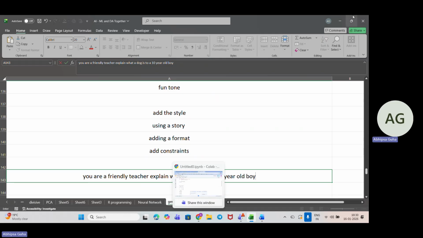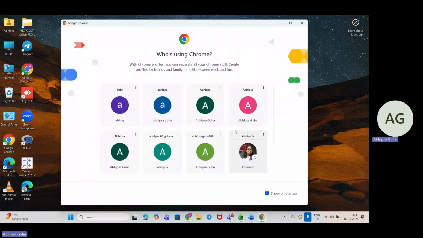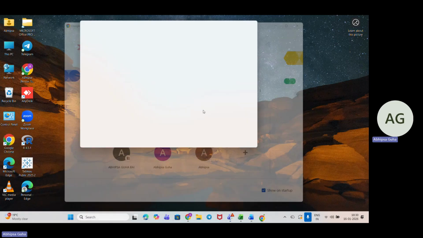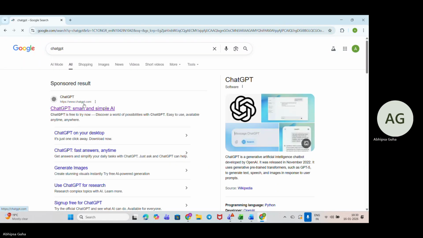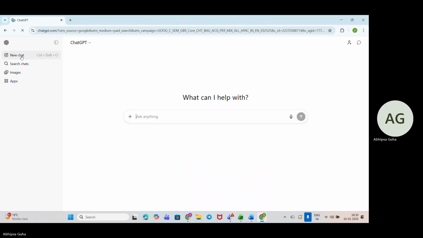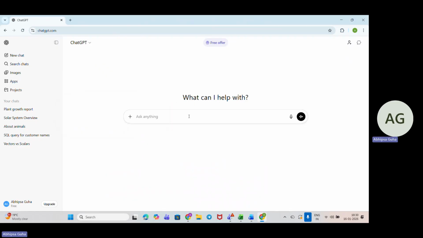Okay, let me take any of the AI models. Let's use ChatGPT. Whatever we have discussed till now, I just want to give you the idea about it. So I have given the prompt: explain what is a dog.